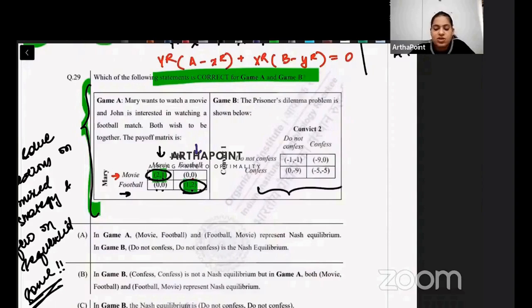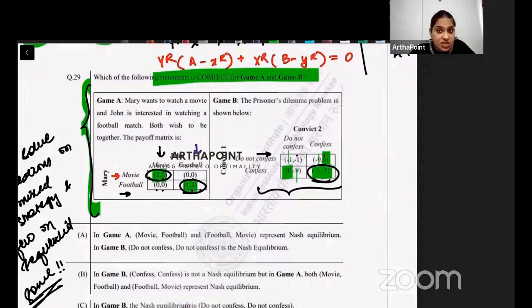We again know this one, prisoner's dilemma, classic problem. So when you go for not confessing, between -1 and 0, 0 is greater. Between -9 and -5, -5 is greater. Between -1 and 0, 0 is greater. Between -9 and -5, -5 is greater. So what we see, this is the only Nash.